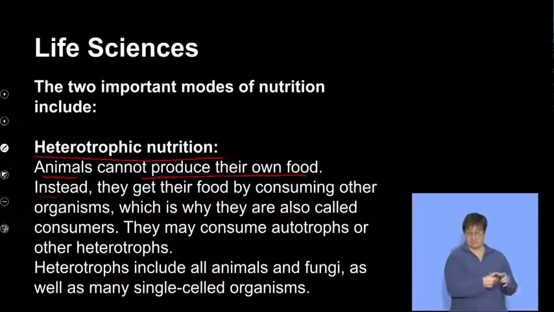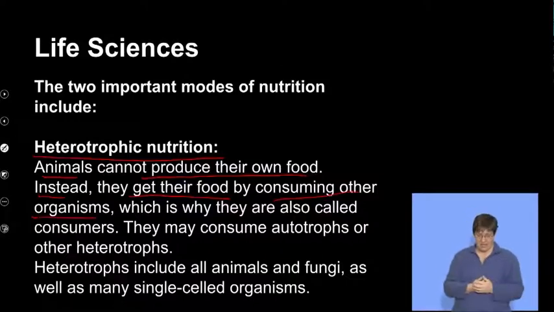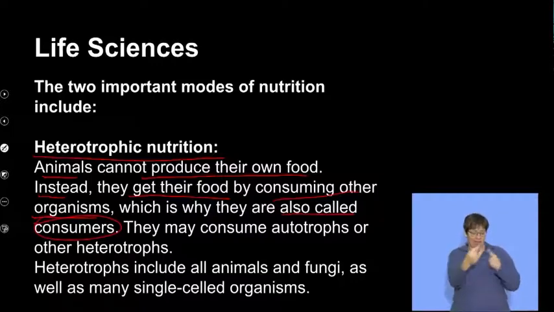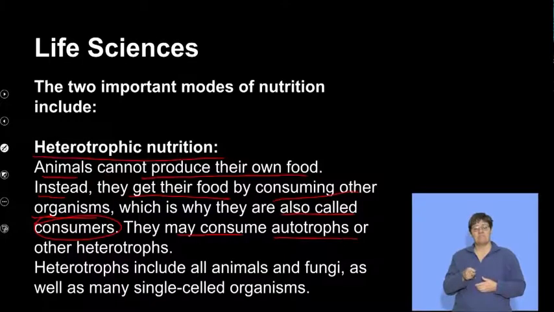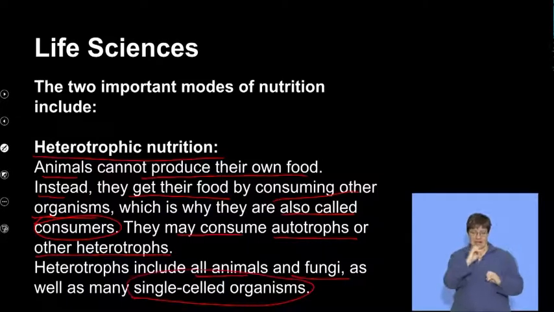So instead, they get their food by consuming other organisms, which is why they are also called consumers, because they consume other organisms for their nutritional needs. They may consume autotrophs or other heterotrophs. Heterotrophs include all animals and fungi, as well as many single-cell organisms that are able to engulf and use other organisms for their energy requirements.